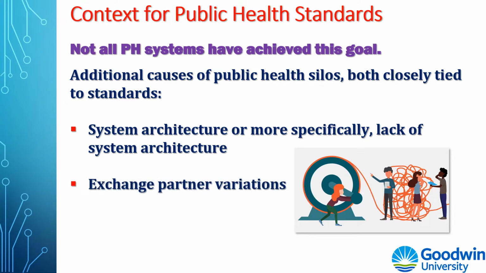And then exchange partner variations. So this is kind of a problem. It's inherent in public health matters. Trying to ask all these partners to agree on and incorporate any chosen standard, it's formidable. A lot of places like to have their own standards because then it prevents you from using another type of vendor or something else. It's inherent in their marketing.